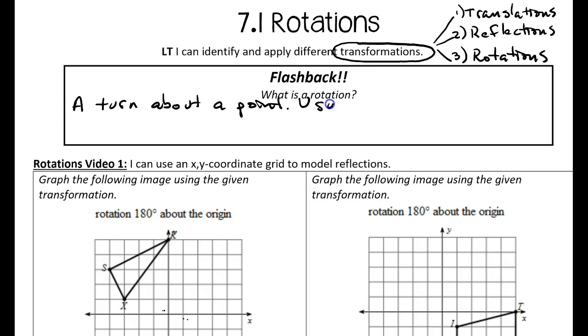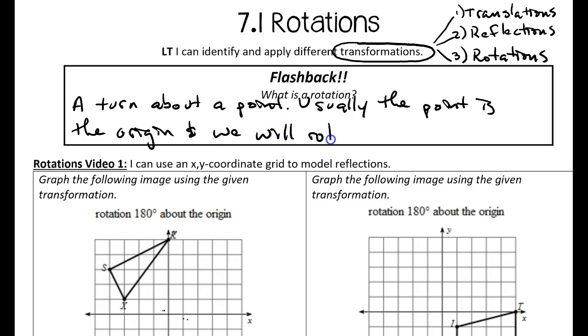Usually, or always in our class, the point is the origin, and we will rotate 180 degrees. So this will simplify our life quite a bit. Rotations can get quite complicated if you use a point that's not the origin, and if we rotate an angle that is not 180 degrees, but that's what we'll be doing for this class.